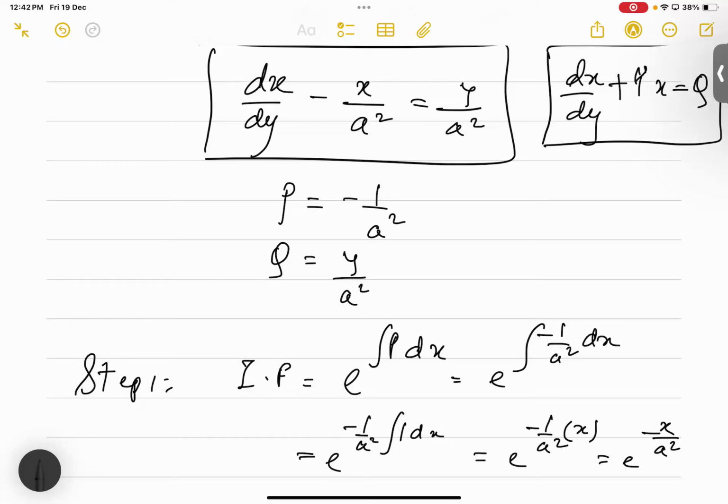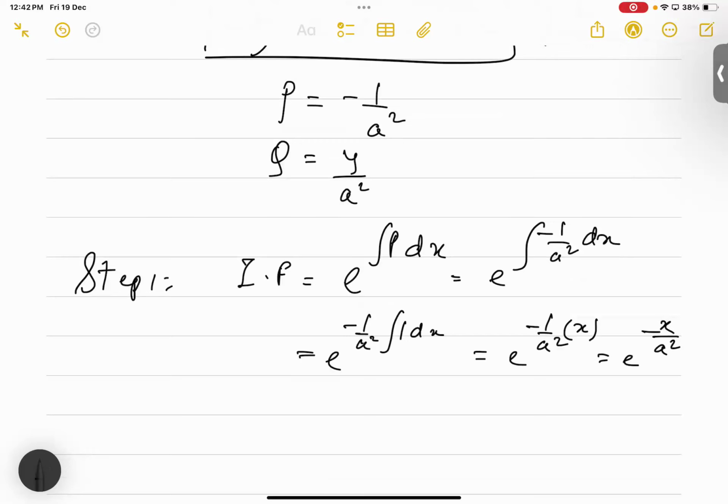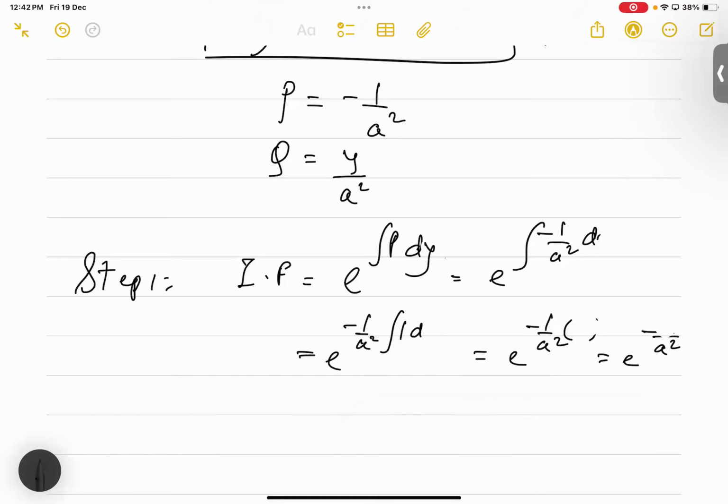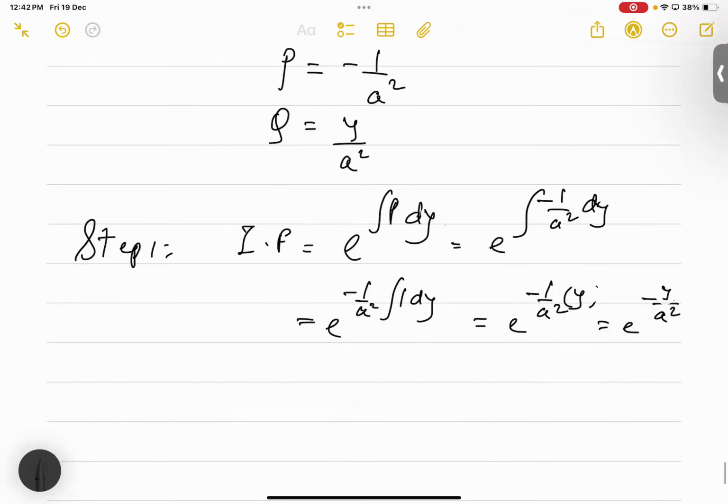Confused? P dy it should be. Because this is type 2, right? E raised to minus y upon a square.